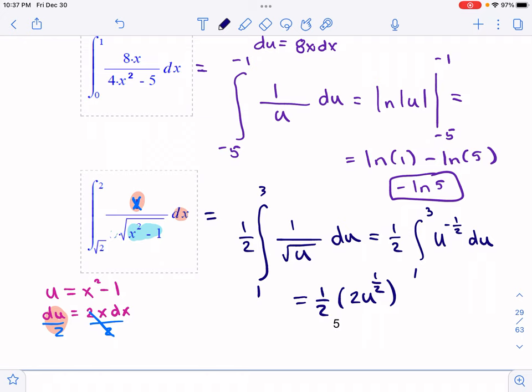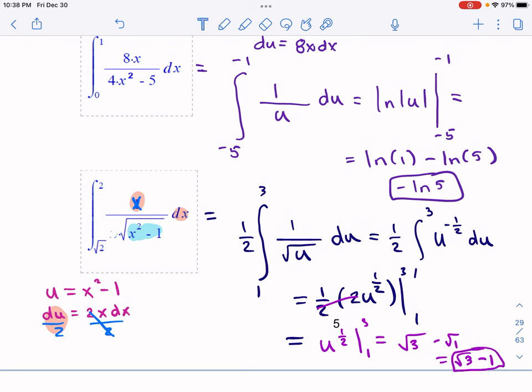The 1/2 and the 2 cancel, so we can cancel those right now if we'd like. Okay, so let me just note that. Now it's u to the 1/2, integral from 1 to 3. And so it's the square root of 3 minus the square root of 1, which is root 3 minus 1.